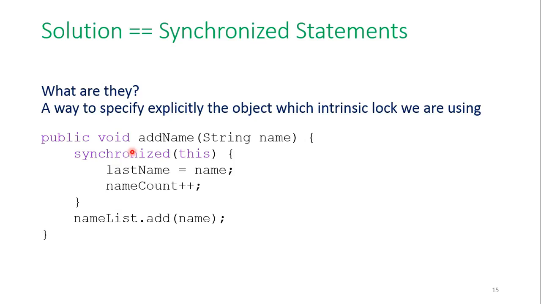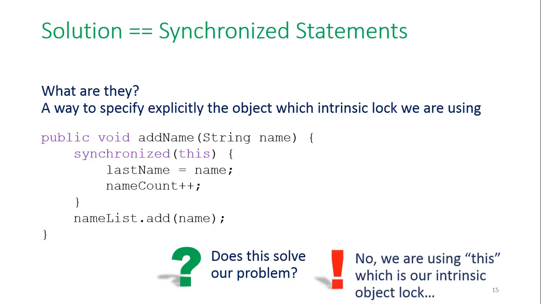So instead of saying I'm always going to use the intrinsic lock for this object, I have to specify as a parameter the object in which I'm going to find an intrinsic lock, and that's the intrinsic lock I'm going to use. So, looking at this code, the question is, does this solve our problem?